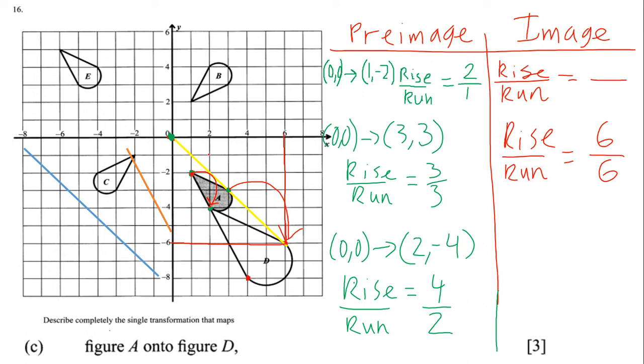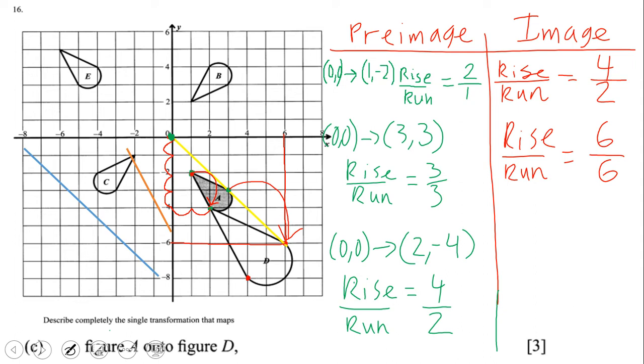So that's 2, -4, right? So that means we had a rise of 1, 2, 3, 4. And we have a run of 1, 2. So that's going to be 2.